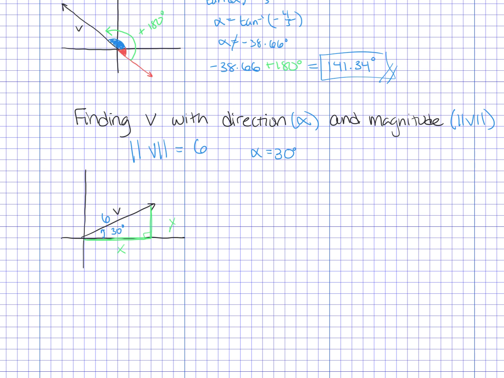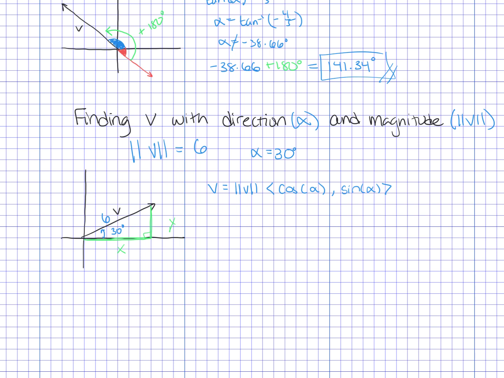In general, we can say that our vector v is going to be the magnitude times cosine of our angle and also times sine of our angle. So since cosine is our x value and sine is our y value, we can find the values here, but because it's no longer on the unit circle where the radius is 1, we need to use our magnitude here in order to scale this correctly.